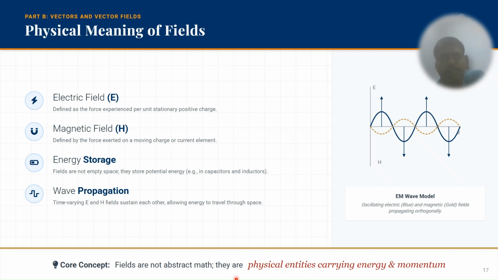Whenever we mention the field, electric and magnetic, mostly we deal with these two things in this subject. Electric or magnetic energy is transmitted through space, through a medium, and that is all about the electric and magnetic vector fields.